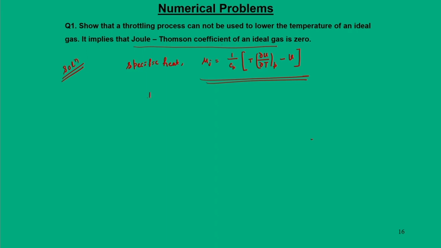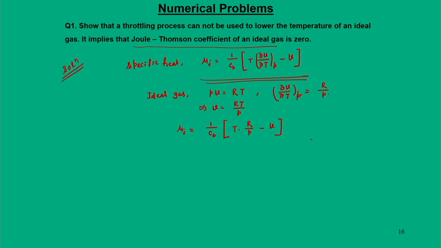Now, for an ideal gas we have the relation PV is equal to RT. So, V is equal to RT by P, and we can find dV by dT at constant P, which will be R by P. Now, when I substitute this, we can write mu J is equal to 1 by Cp into [T into R by P minus V].